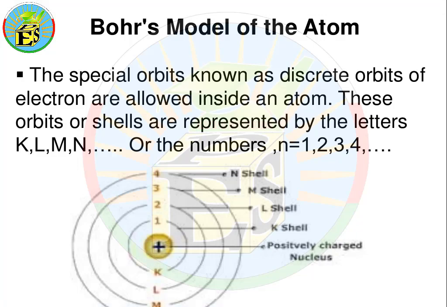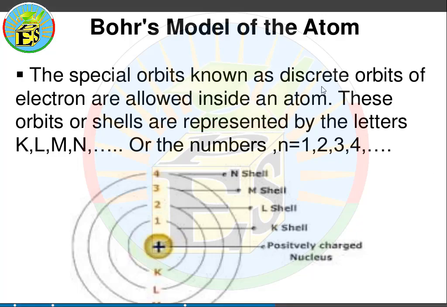In Bohr's model of the atom, specific orbitals known as discrete orbits of electrons are allowed inside an atom. These orbits or shells are represented by letters K, L, M, N. It means first, second, third, fourth: K, L, M, N. He called them by letters or by the numbers n equals 1, 2, 3, and 4.